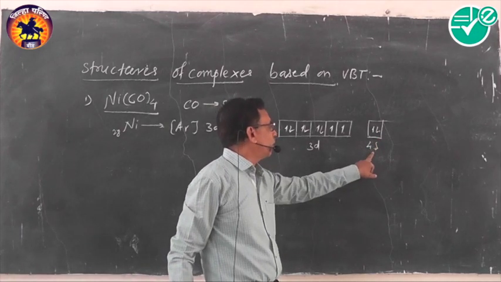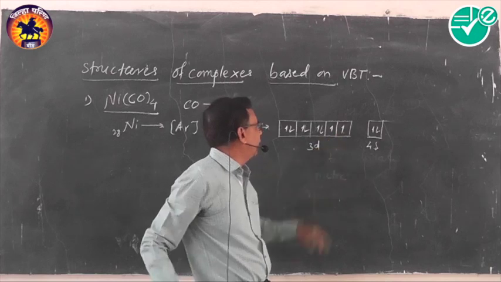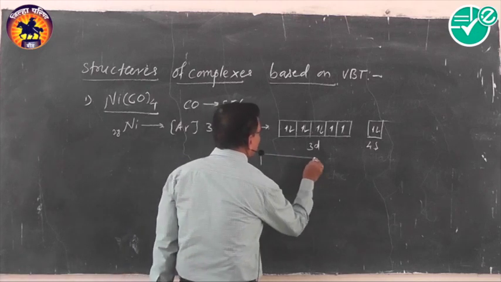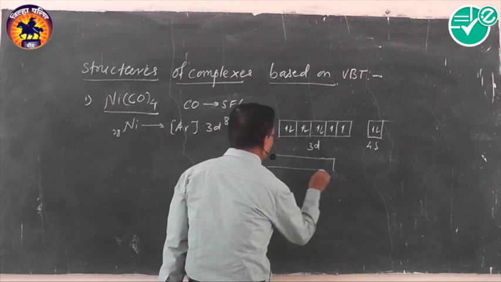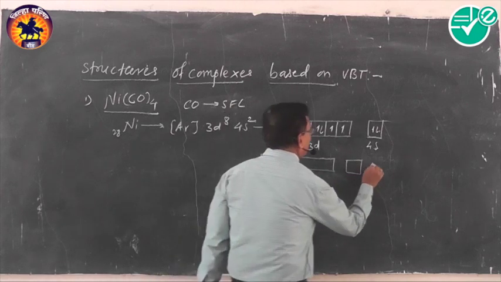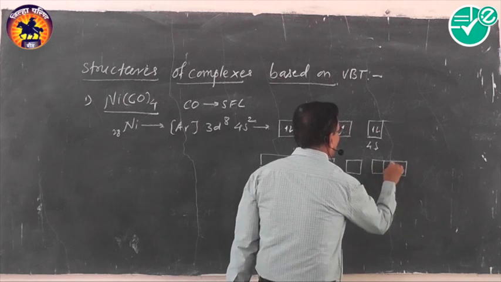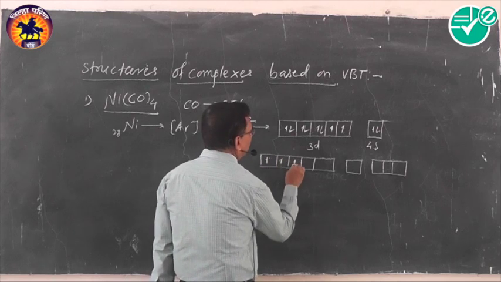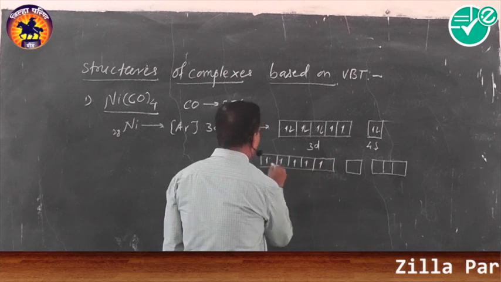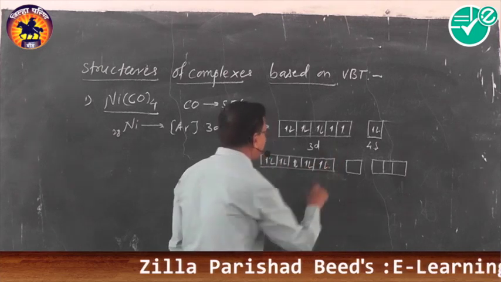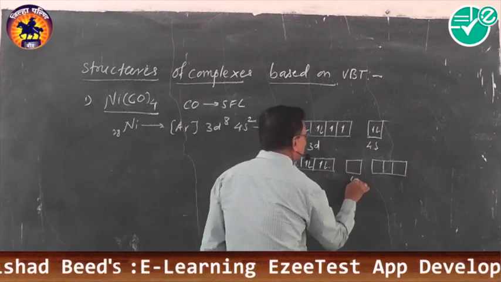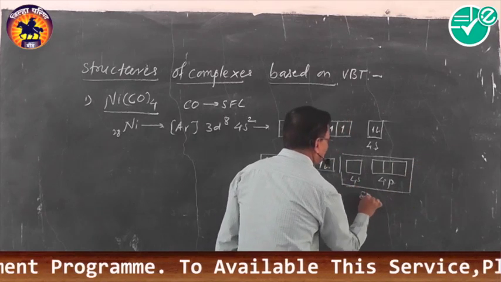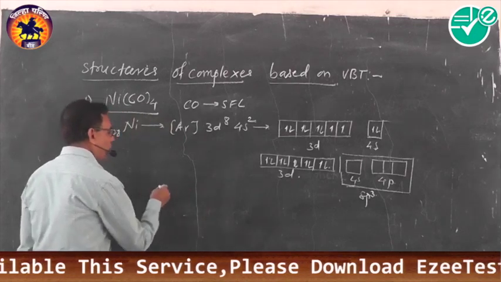These 2 electrons from 4s orbital are shifted to 3d orbital and cause pairing of electrons, and hence the electronic configuration becomes 1, 2, 3, 4, 5, 6, 7, 8, and these 2 electrons cause pairing like this in 3d, and this 4s and 4p undergo hybridization, that is sp3 hybridization, and cause hybridized orbitals.